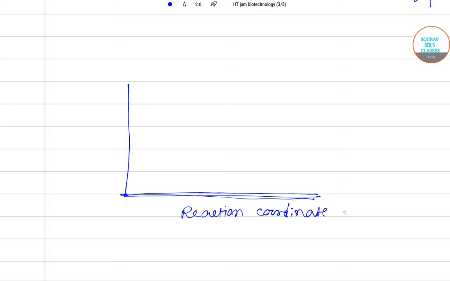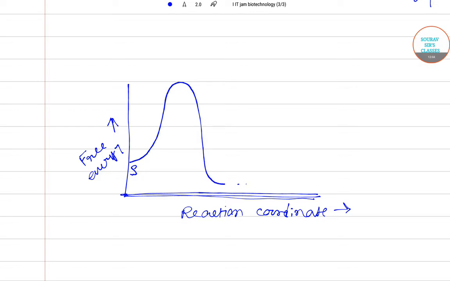Now the y-axis is for free energy. So from the ground state, the substrate will show the plot like this, and then there will be a decline of this part. So this is again the ground state.